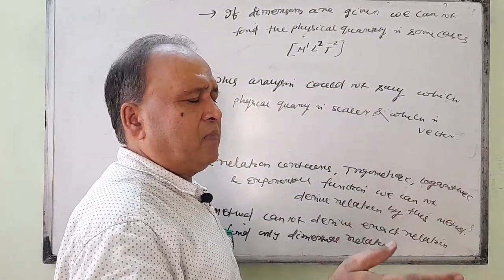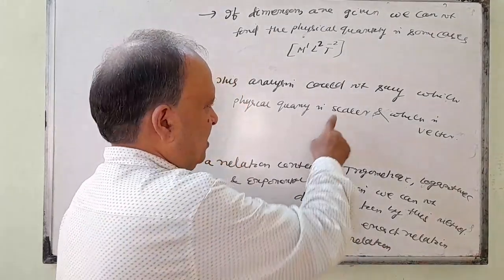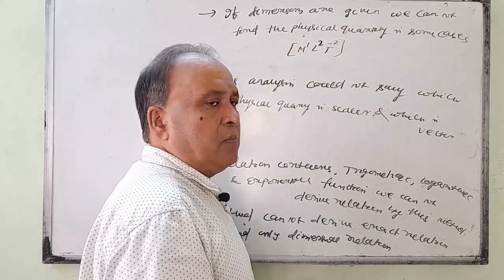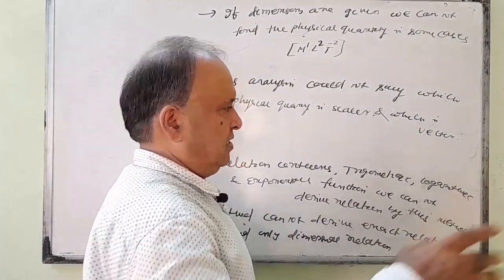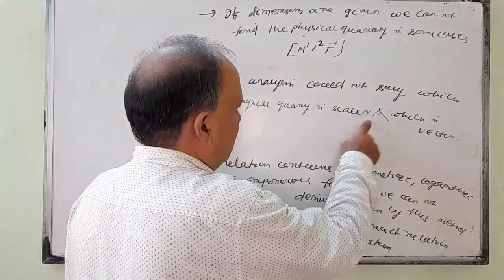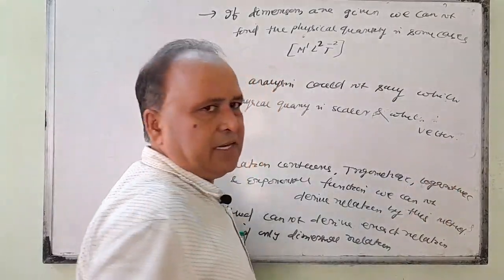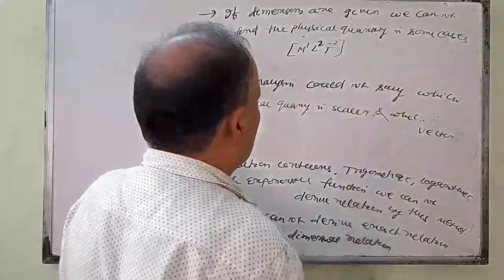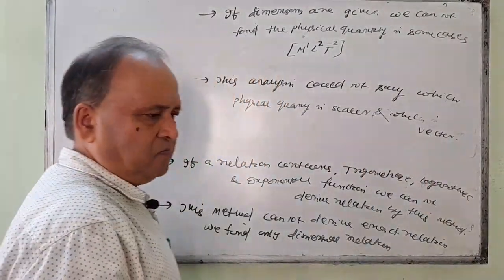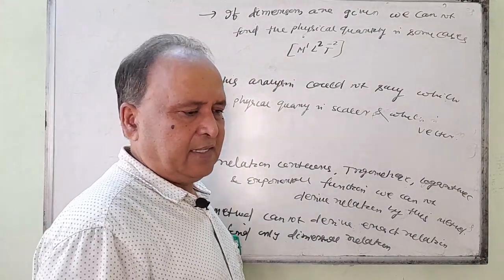Suppose I will say I am going 5 kilometer. This is scalar. Suppose I will say I am going 5 kilometer towards east. This is vector. So scalar has only magnitude, but vector has both magnitude and direction. So this system could not say which is a scalar quantity and which is a vector quantity. These are the limitations of dimensional analysis.